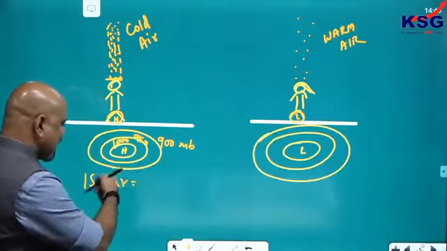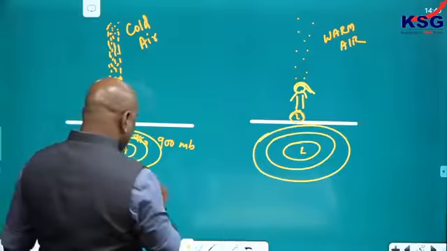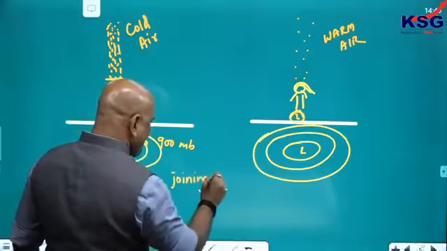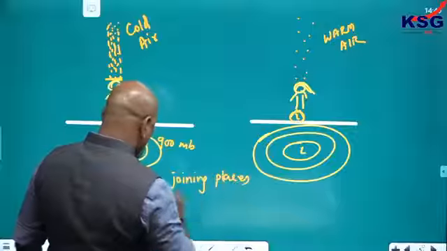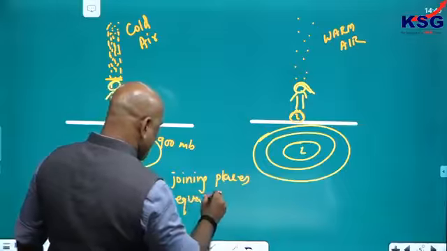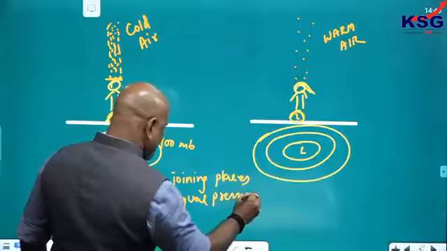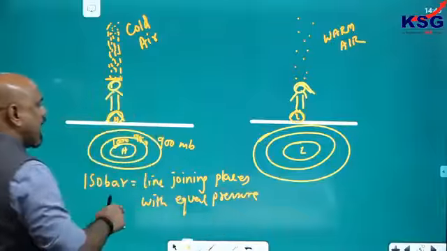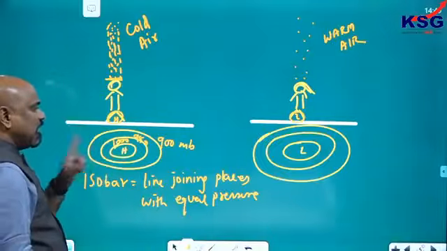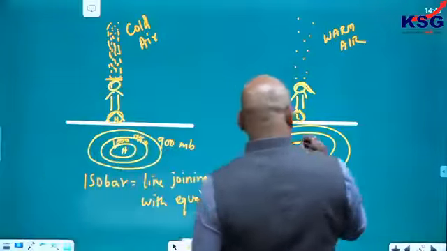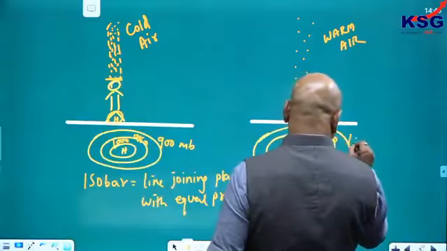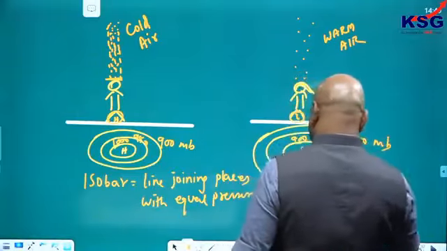Isobar means lines joining places with equal pressure. This is an isobar here. Isobar of 900 millibar, 950, 1000. 1000 is in the middle, but in this case you have 900 millibar here, 950 here, and here it is 1000 millibar isobar.